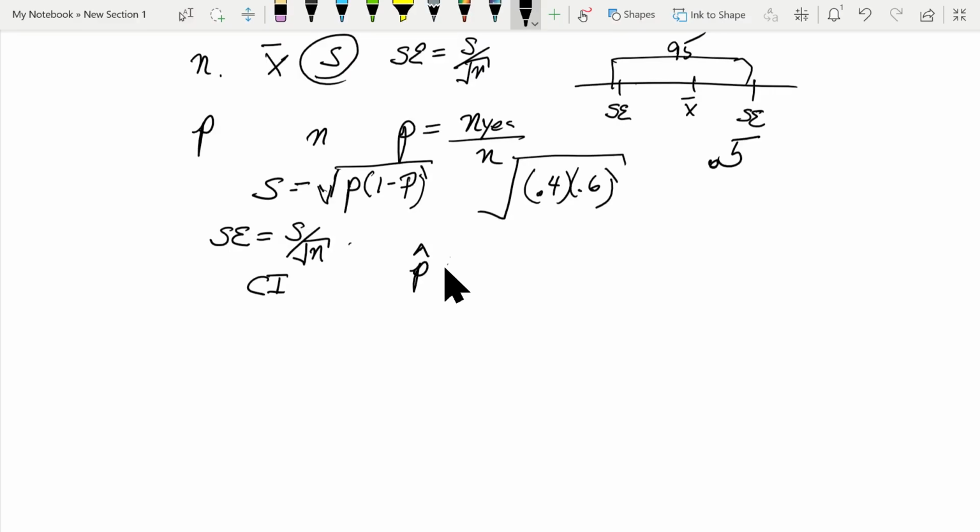I have an average, which is the p. This is just like the x bar, calculated the same way. And I have a standard error of the mean, which is s over the square root of n, this square root of p times 1 minus p, divided by the square root of n. And I want to know how many standard errors out I go.